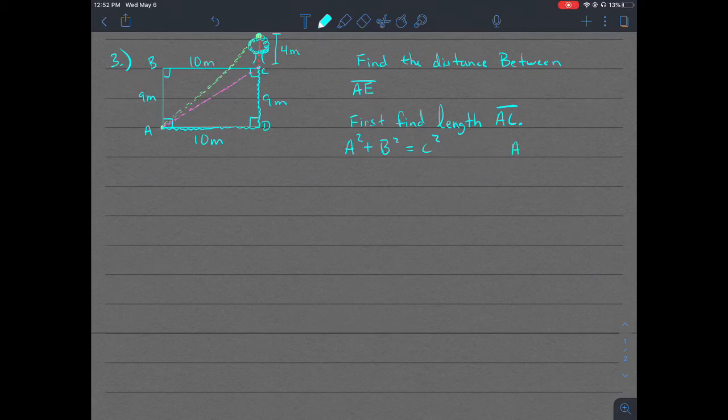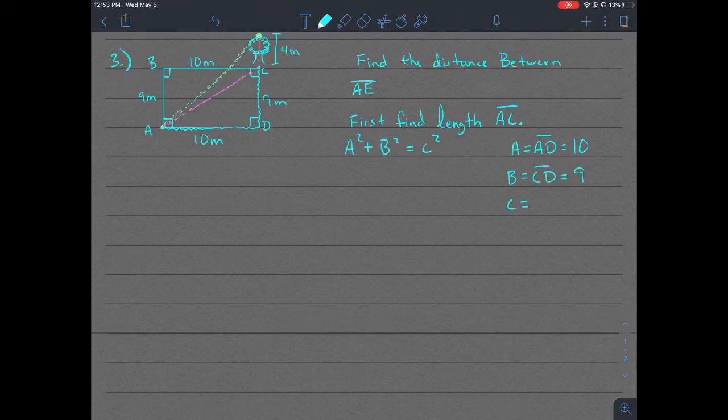We know that A, which we're going to say is from A to D, that length right there, what is that? It's 10. And B is equal to what? C to D, that length right there, which is 9.